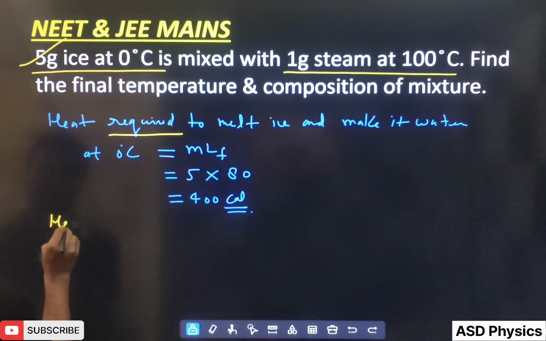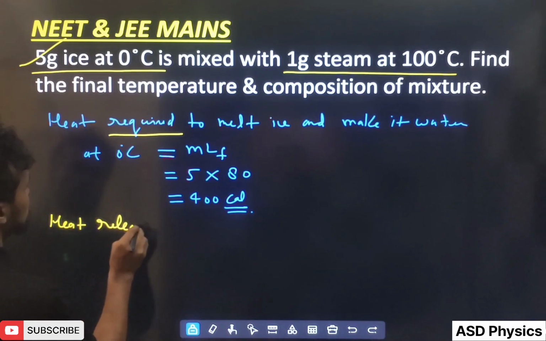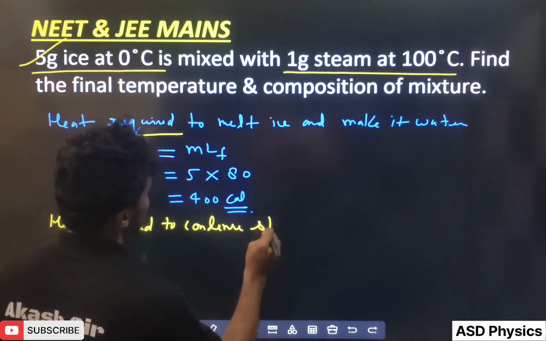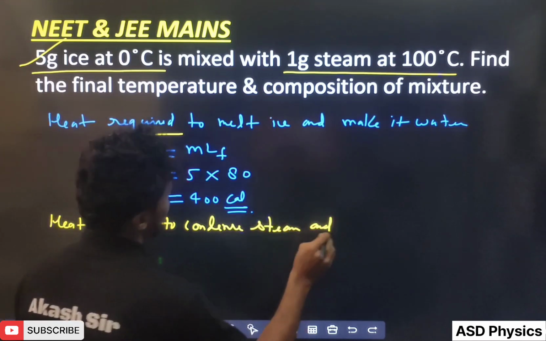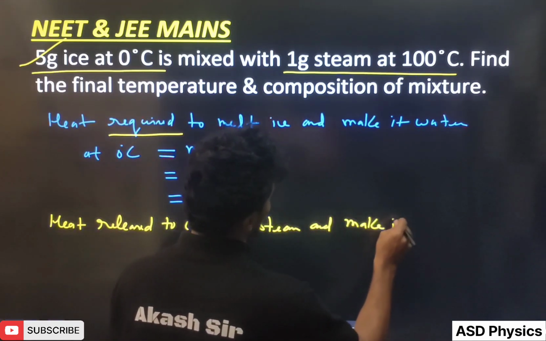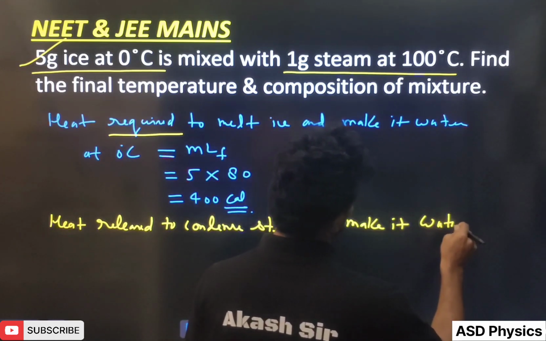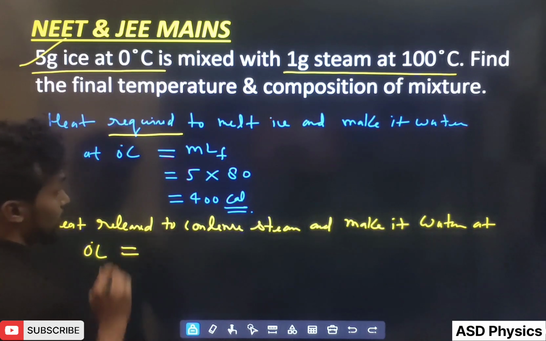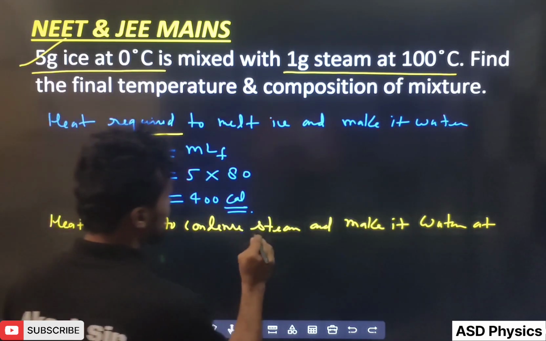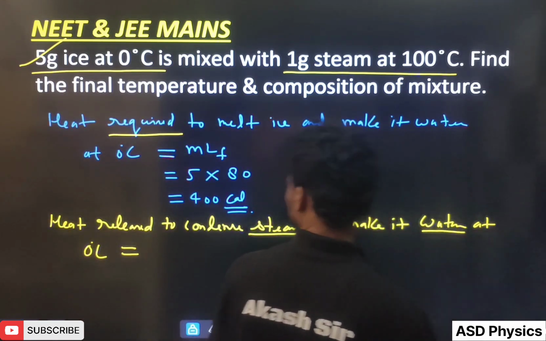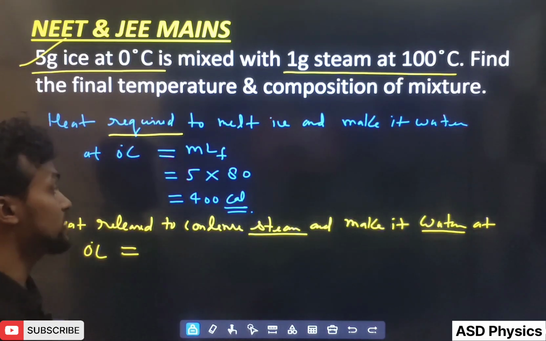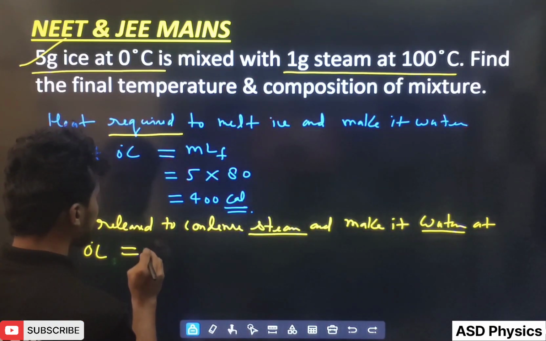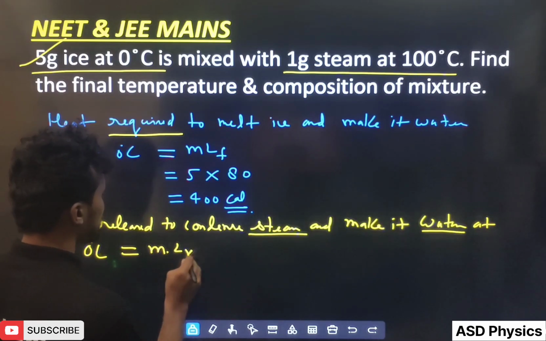Now we'll see the heat released to condense steam and make it water at 0 degrees Celsius. Here steam is there, and we want to make it water at 0 degrees Celsius. That means we have to go from steam 100 to water 100, which is a change of state, so M into LV.